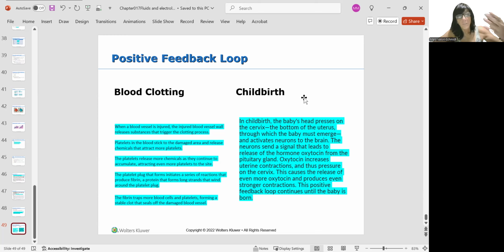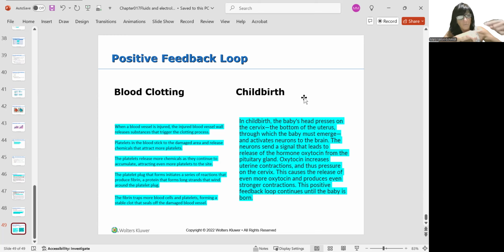Okay. Blood clotting. You get a cut. A substance gets released that triggers platelets. Come here, help. Platelets go stick to the area. They release chemicals, more platelets come. They release chemicals, more platelets come, and a plug forms like a scab.